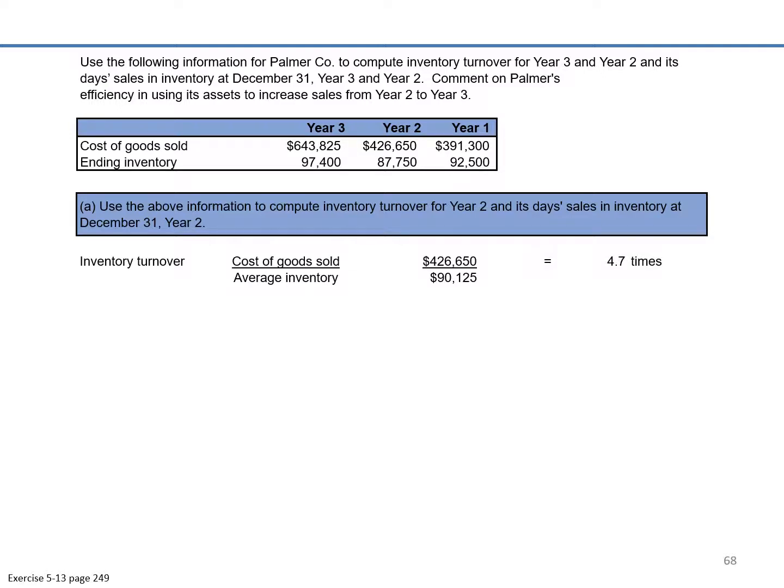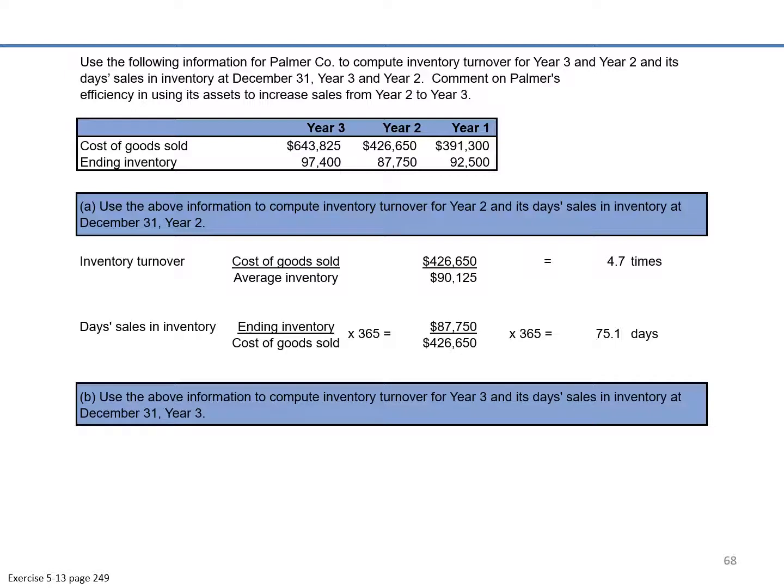So they are turning over their inventory 4.7 times in year 2. Days sales and inventory. Ending inventory of $87,750 divided by cost of goods sold of $426,650 times 365. So days sales and inventory are 75.1 days.